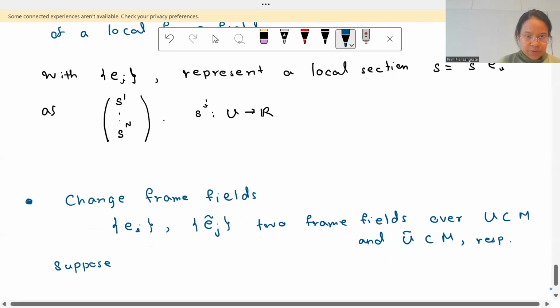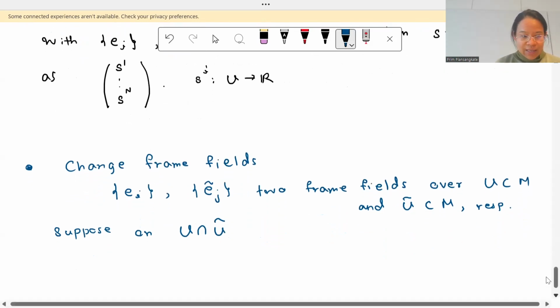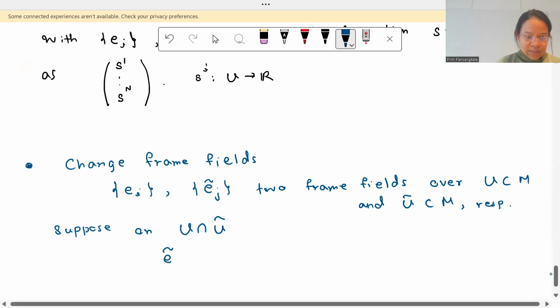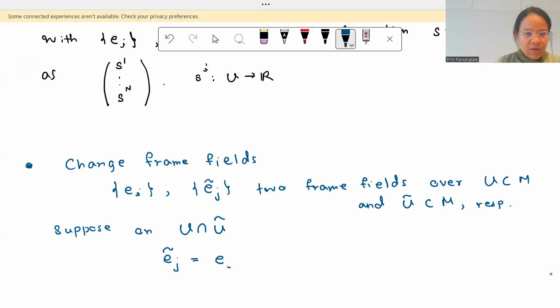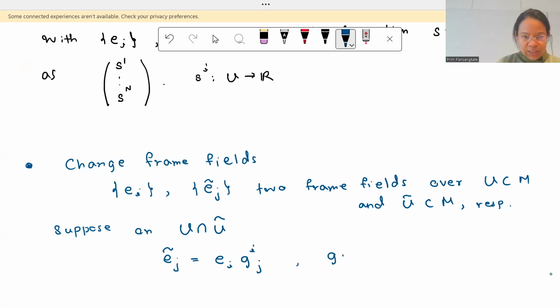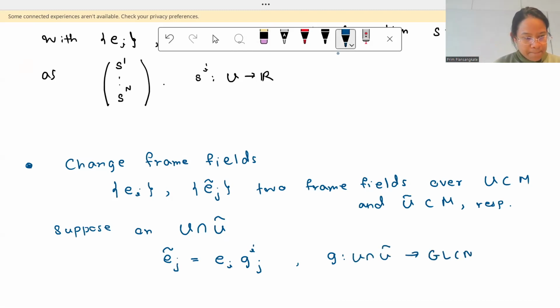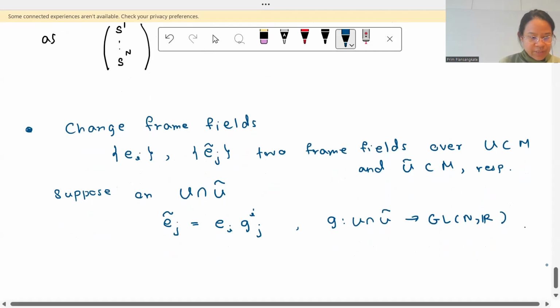Then suppose on the overlapping region, which is not an empty set, the two frame fields are related like this, that E tilde_j is G_ij E_i, where at each point G is an invertible n by n matrix, so G is a function from the overlapping region to GL(n, R). So suppose the two frame fields are related like this.